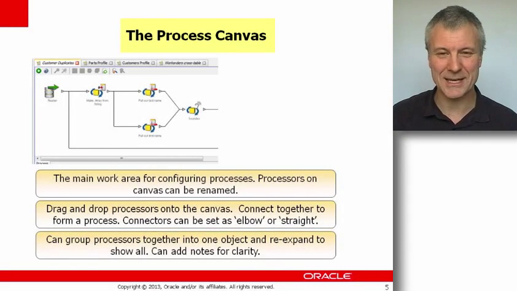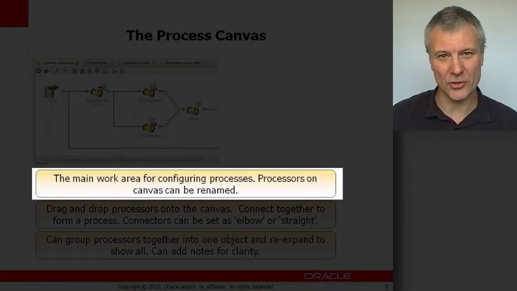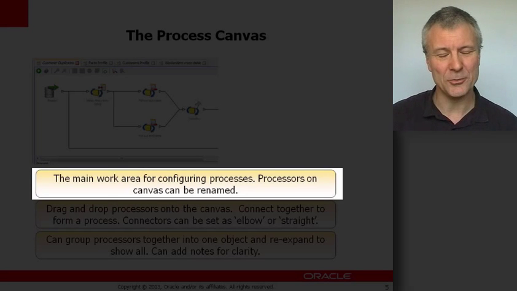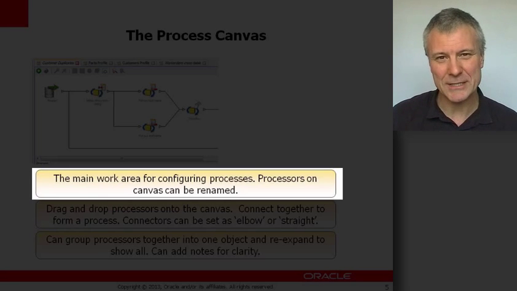Let's think about the process canvas. I showed you this, but I'd like to mention some other features. First of all, you can rename the processes on the canvas. Now that's very, very useful. If you build a complex EDQ process and you come back to it a year after you've built it, it can be quite difficult to understand what's going on. Why did you construct it in the way that you did? What exactly is it doing?